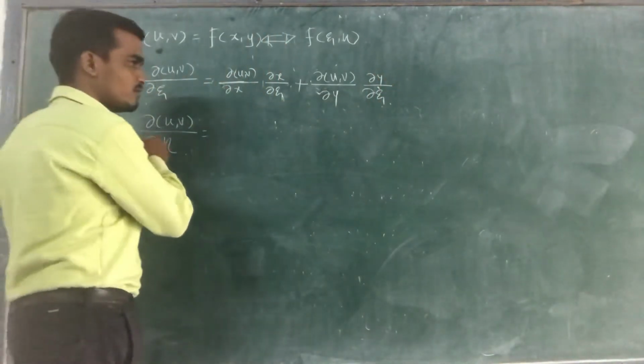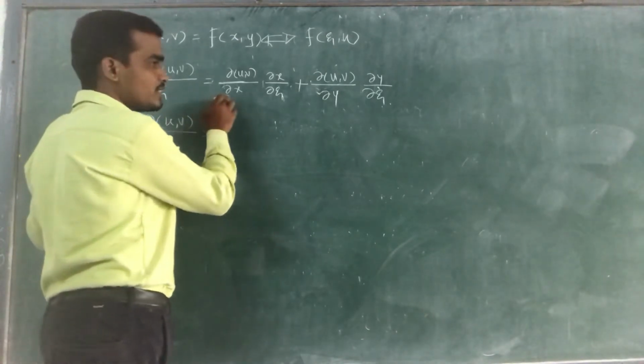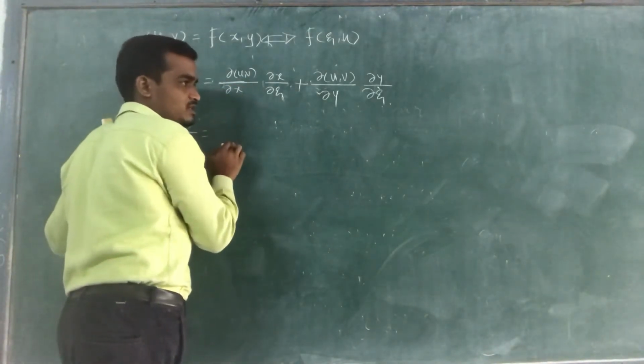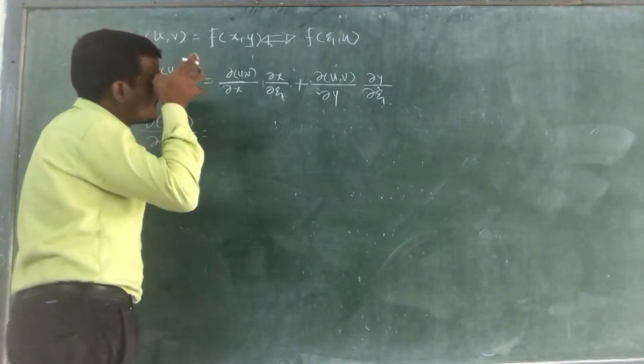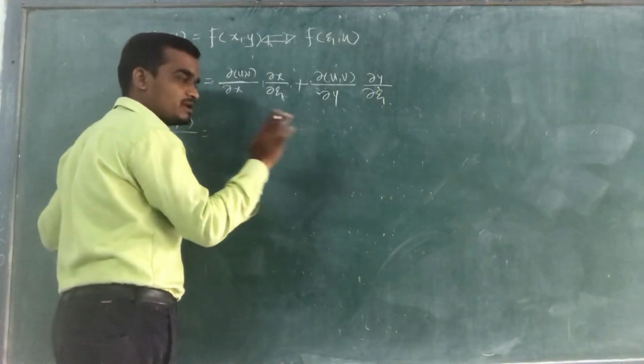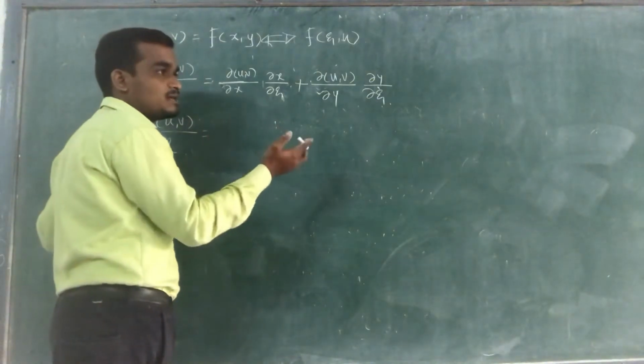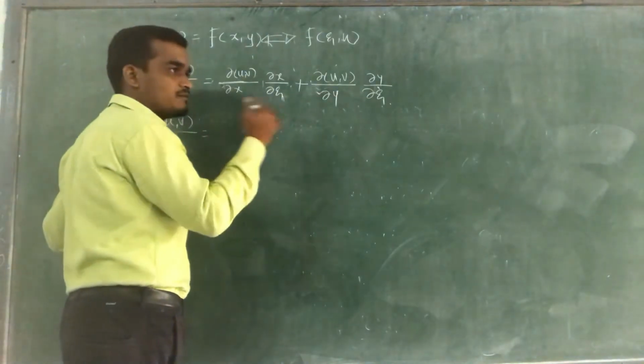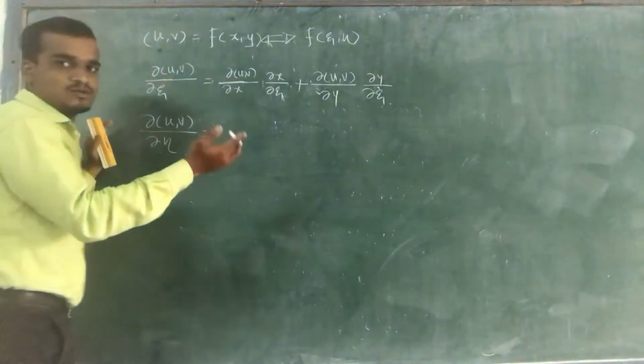Similarly, with respect to eta we are writing the partial differentiation. Partial differentiation means differentiating with respect to the first variable, keeping the second variable constant, and then for the second term, keeping the first variable constant and differentiating with respect to the second variable.